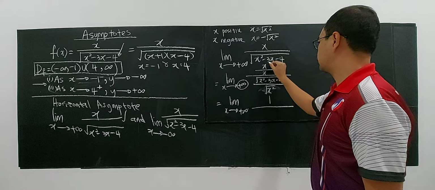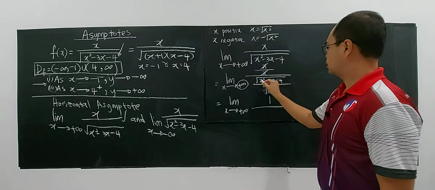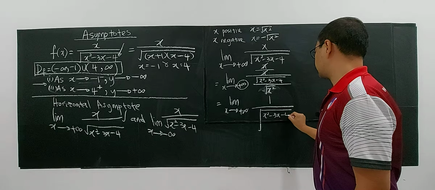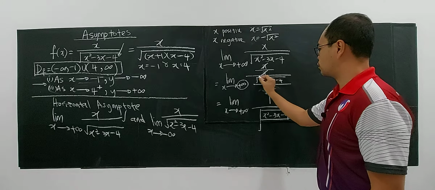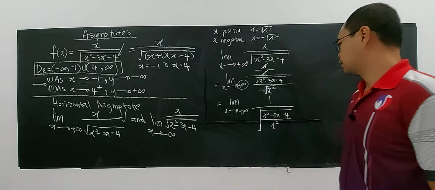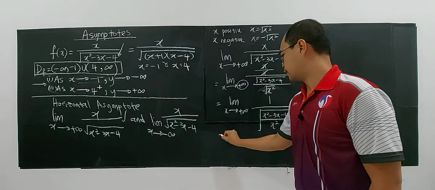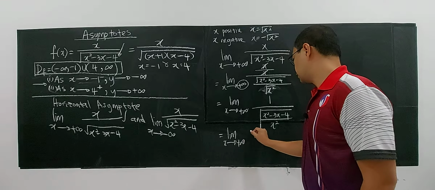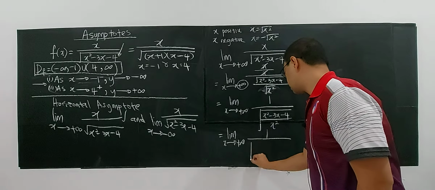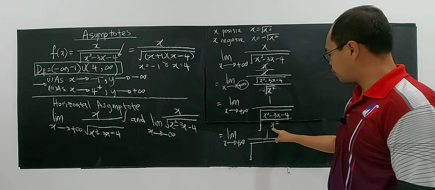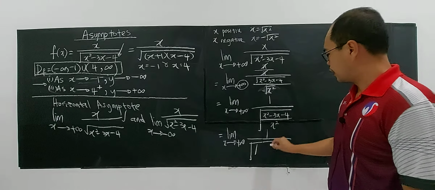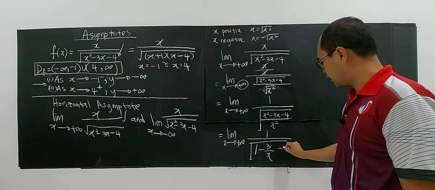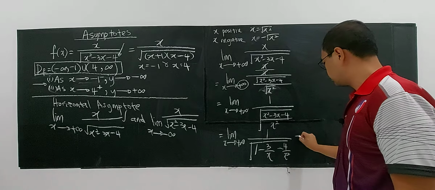So you get 1 for this, and this one you get the square root of x squared minus 3x minus 4 over x squared, now that you can combine the square roots. Finally, the limit as x approaches positive infinity of 1 over the square root of 1 minus 3 over x minus 4 over x squared.